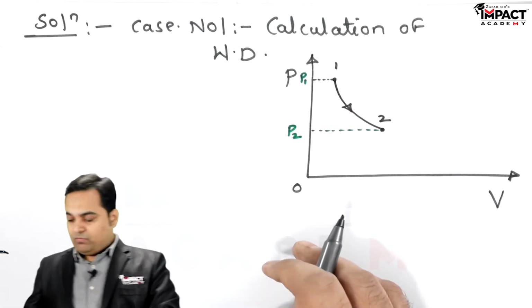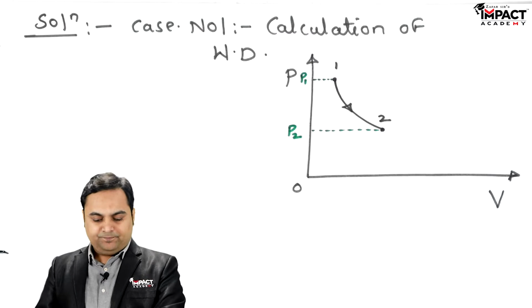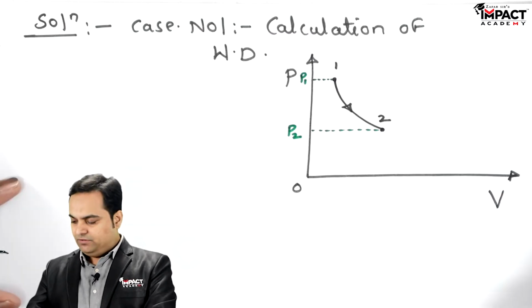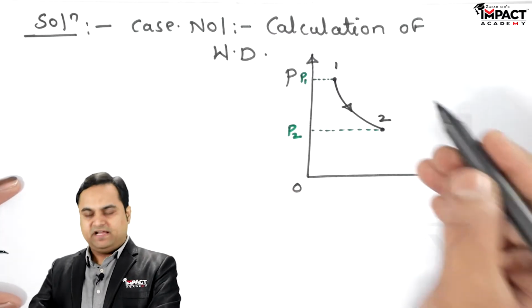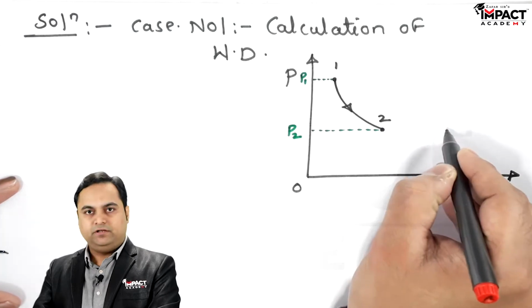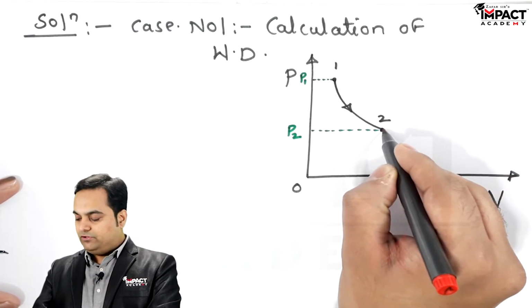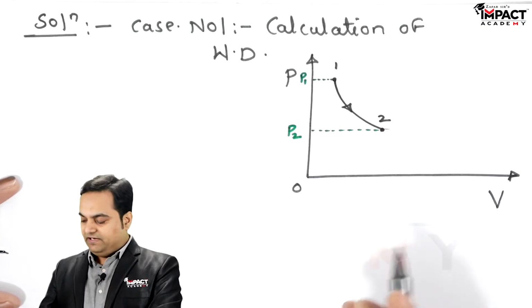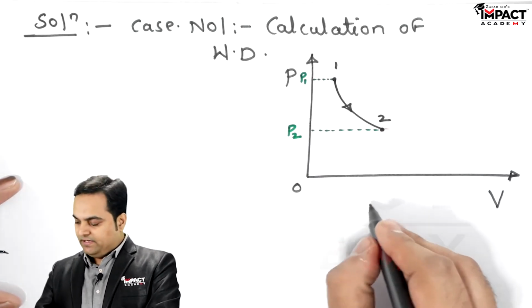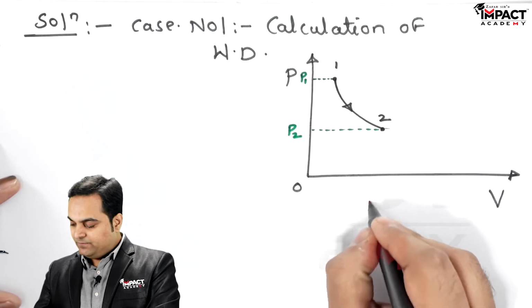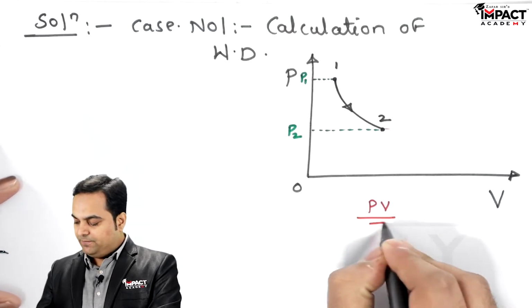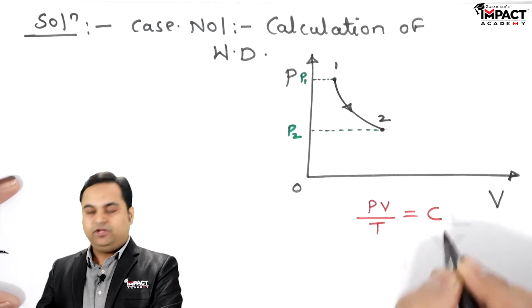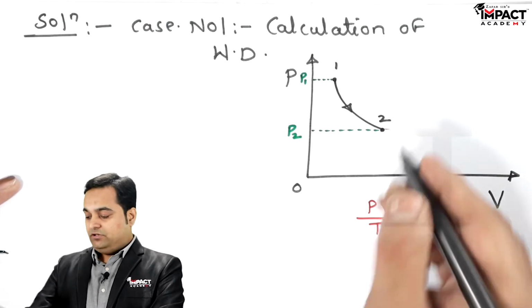And now, for constant pressure heating, we do not know whether the constant pressure line on this PV diagram, indicated with a horizontal line, should go horizontally towards the right or towards the left. To decide that, we can use this equation, which is PV upon T equal to C, in order to decide in which direction the process goes.